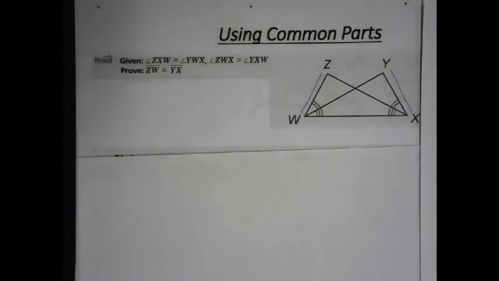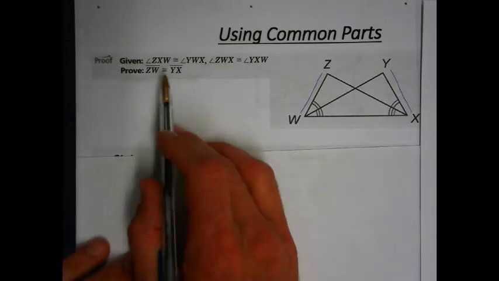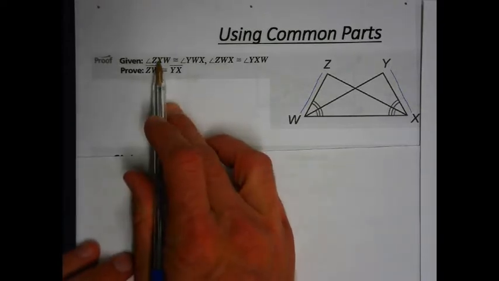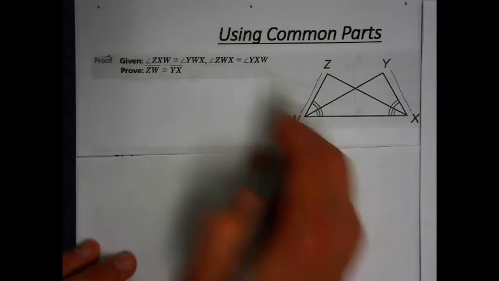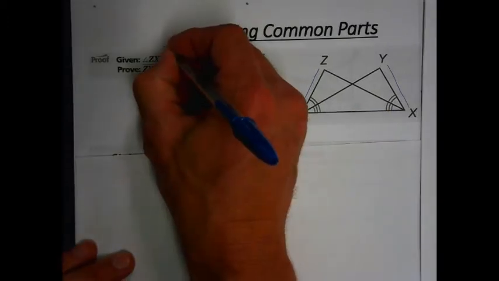And we can look at this diagram with overlapping triangles, and one of the things that we can do to help is to split out the triangles. The reason why is, remember, we have to keep the end game in mind. With common parts, the end game is a little bit challenging. It's really hard to see, because if all we're given is this angle ZXW, the tiny 3-arc one, so that's 3 arcs, boom, boom, boom.